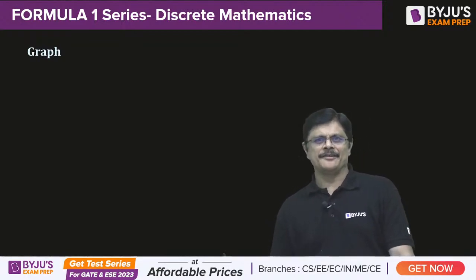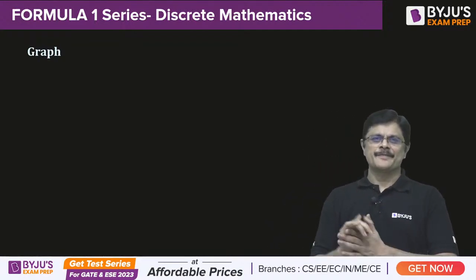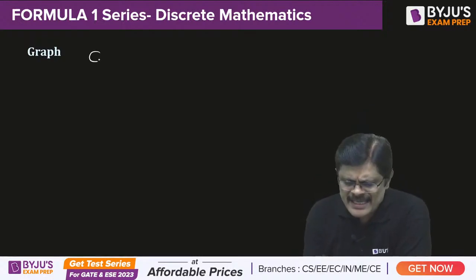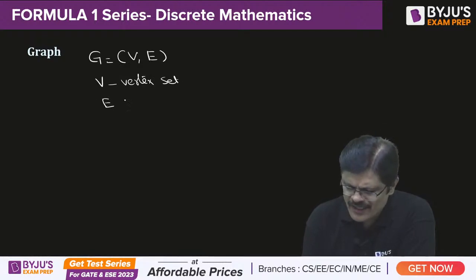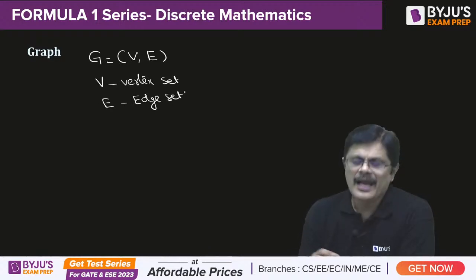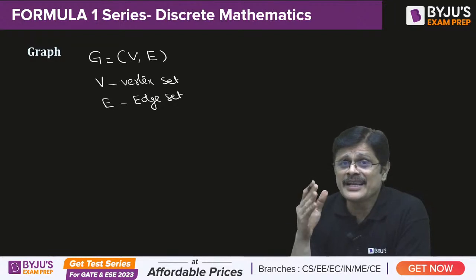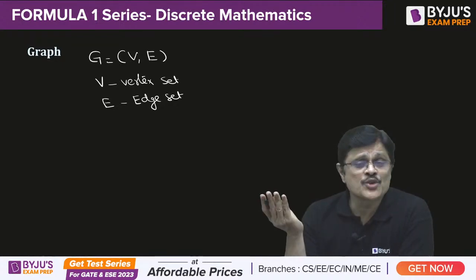what is a graph? My dear friends, a graph is an ordered pair of two sets, V and E, where V is called the vertex set and E is called the edge set. Because it is an ordered pair, without a vertex set there is no edge set.